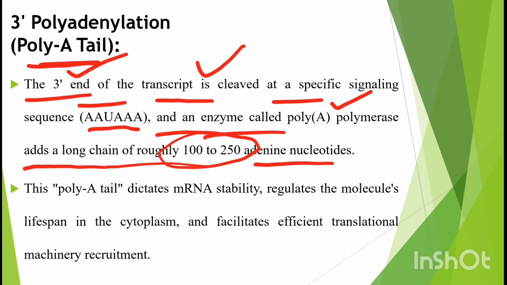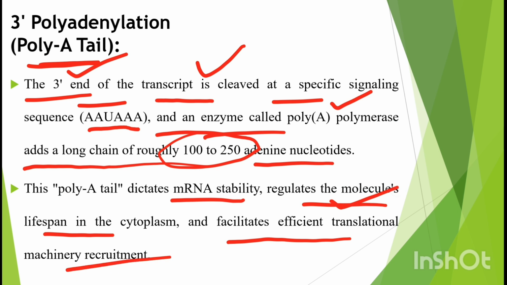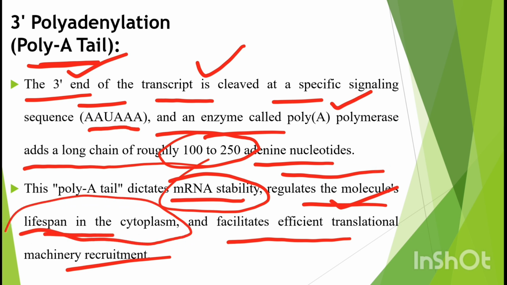This poly A tail protects mRNA stability, regulates the molecule's lifespan in the cytoplasm, and facilitates efficient translation machinery recruitment. So the presence of this poly A tail helps in the stability of a newly formed mRNA.